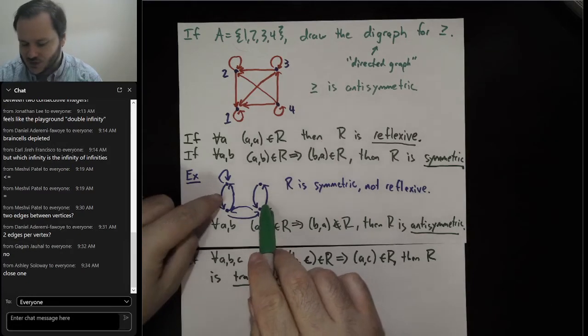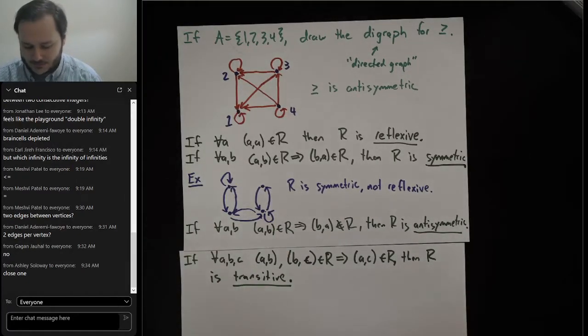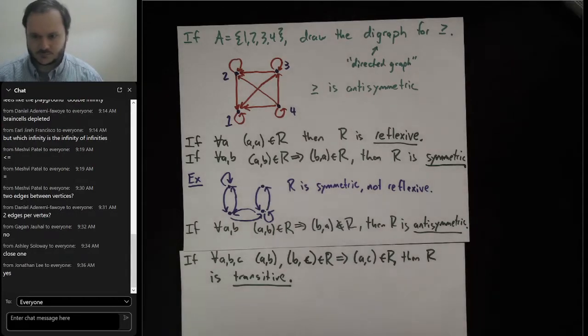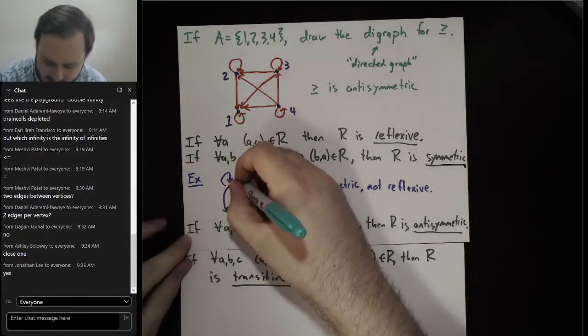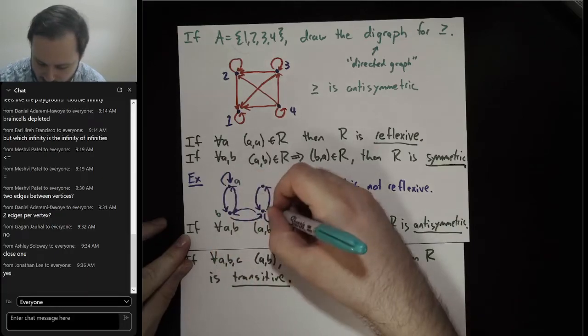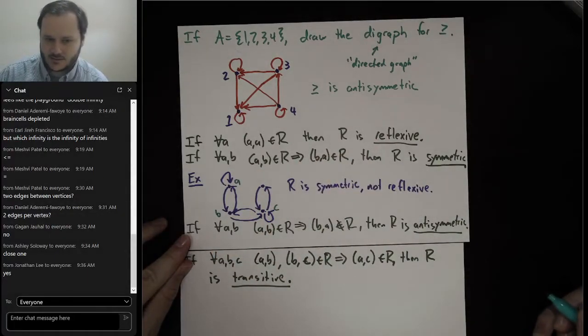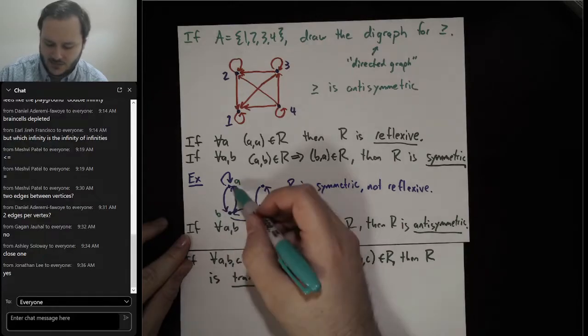Is this relation transitive? We got a yes. So if I pick some elements, A, B, C, is A related to B?